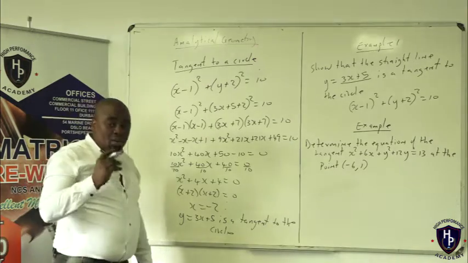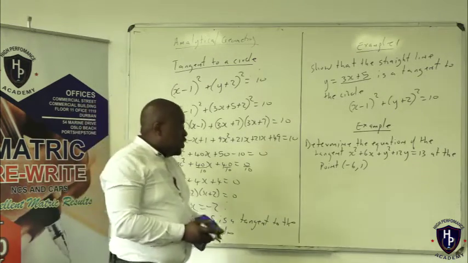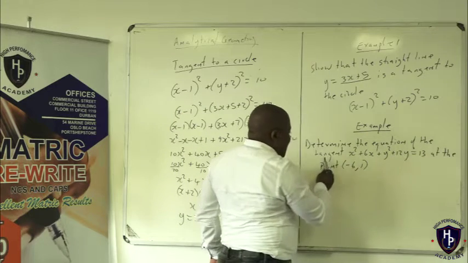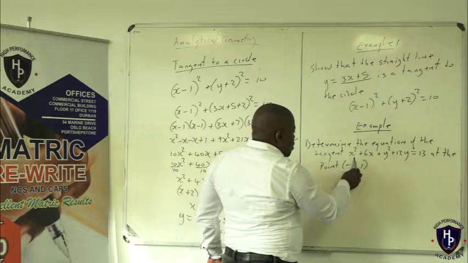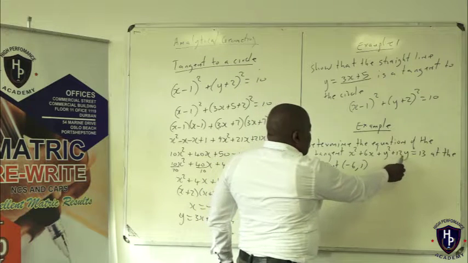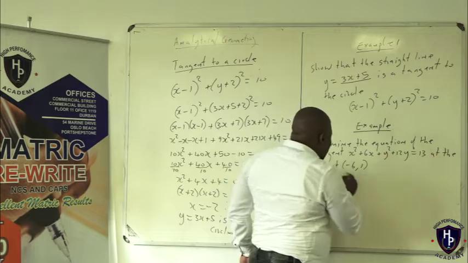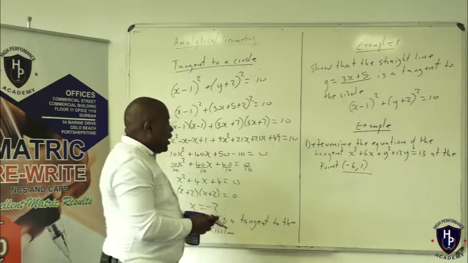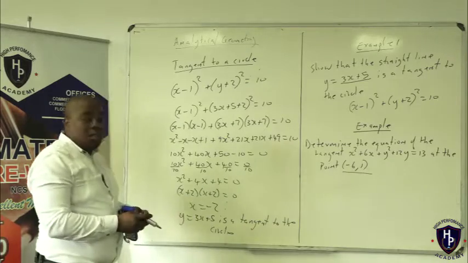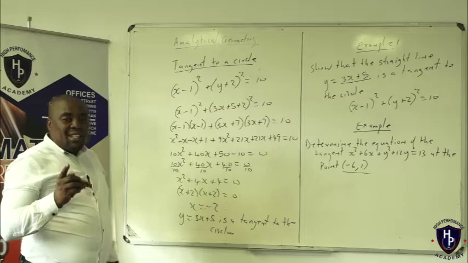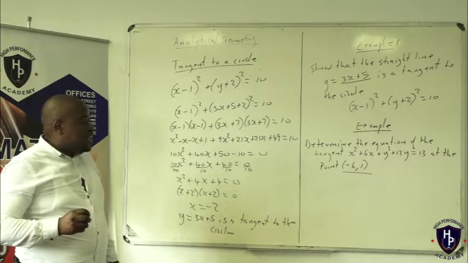Let us look at the second question. Determine the equation of the tangent to x squared plus 6x plus y squared plus 12y equal to 13 at the point (minus 6, 1). We want to determine the equation of the tangent. Remember, a tangent is always perpendicular to the radius.